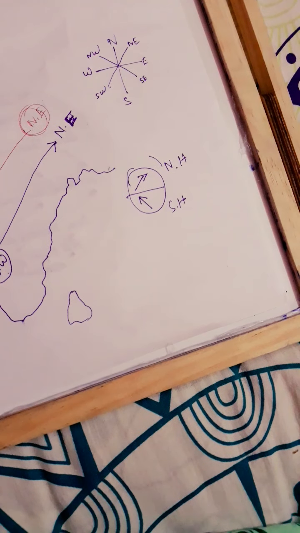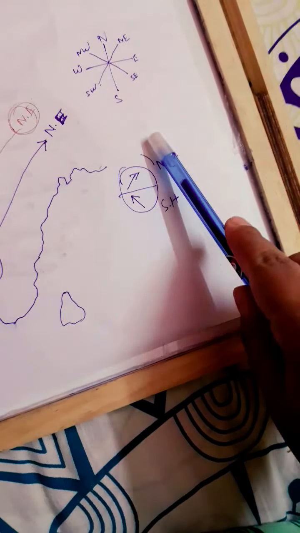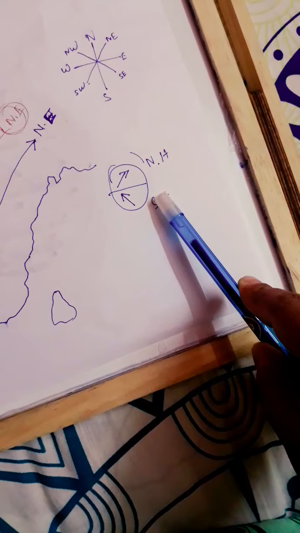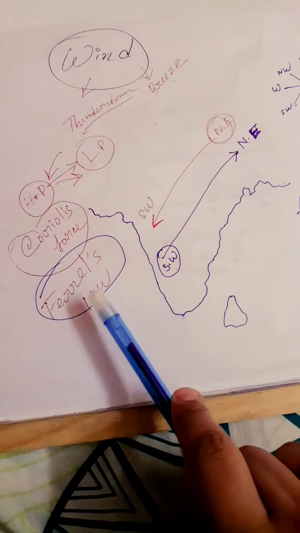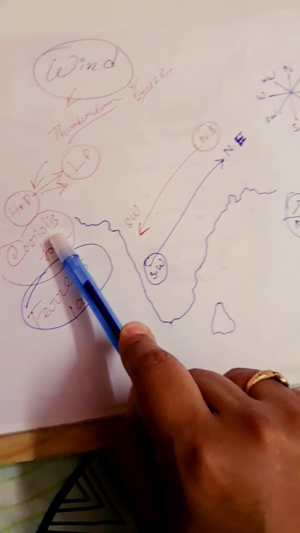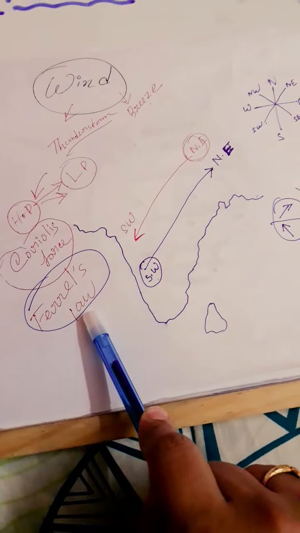When the winds are deflected to the right in the northern hemisphere and left in the southern hemisphere, this deflection is known as the Coriolis force, and we can explain this Coriolis force by Ferrel's law.